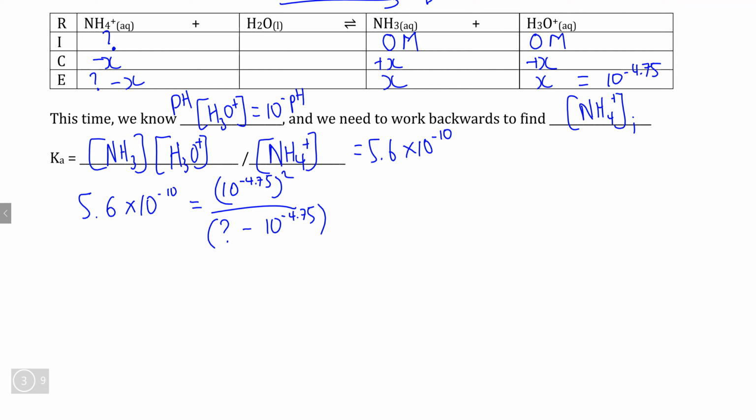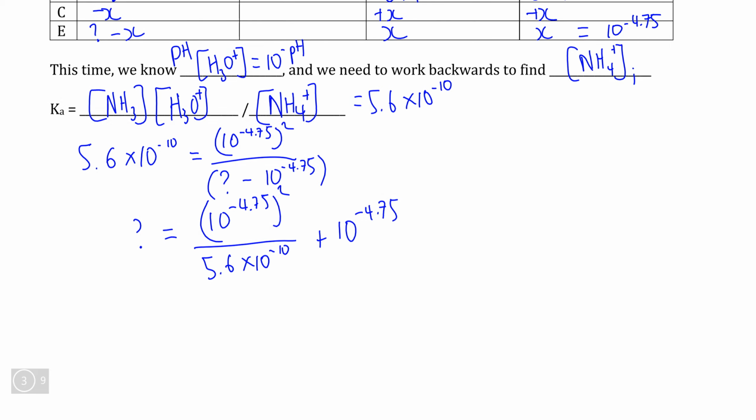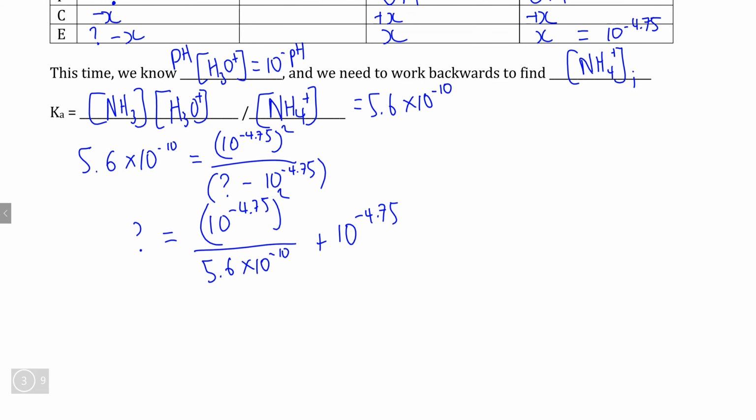So after I work through the algebra, you should end up with an expression where our unknown initial concentration is equal to our X value, 10 to the negative 4.75 squared, divided by the Ka value, 5.6 times 10 to the negative 10, plus the X value from the equilibrium concentration of NH4, so plus 10 to the negative 4.75.